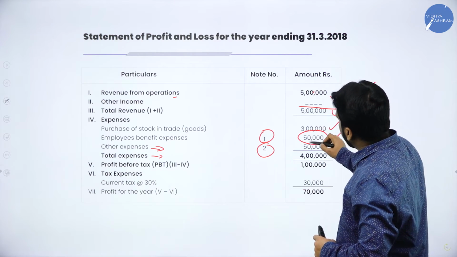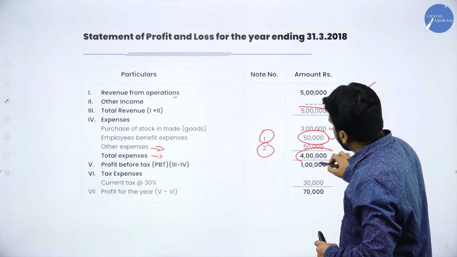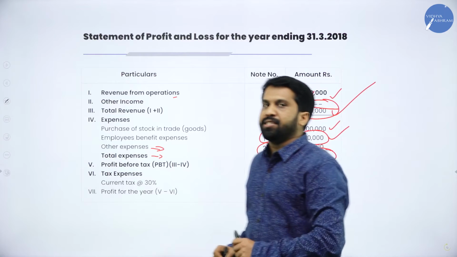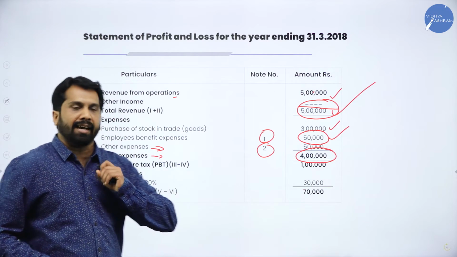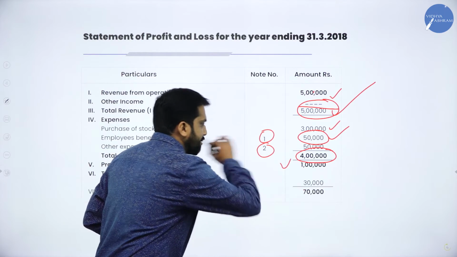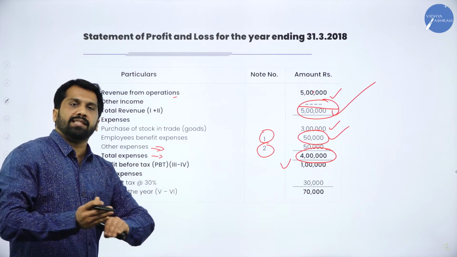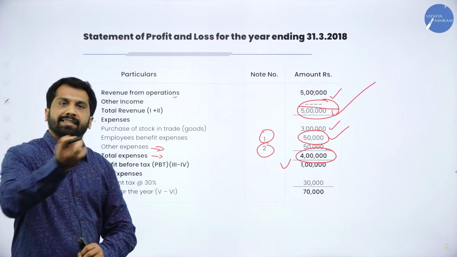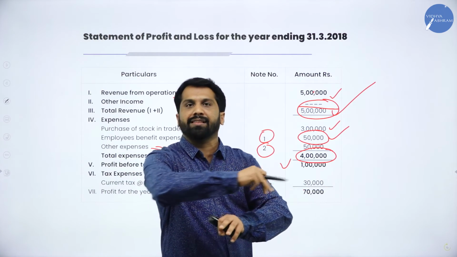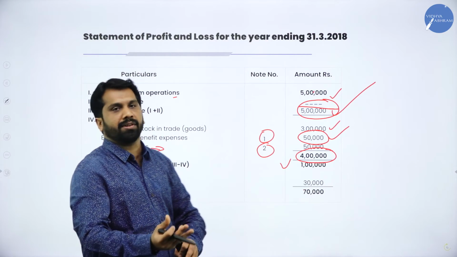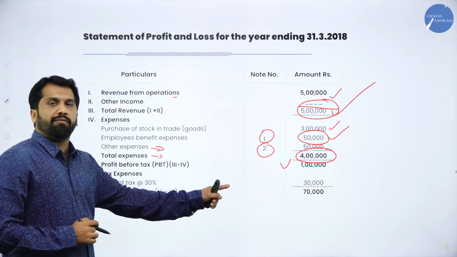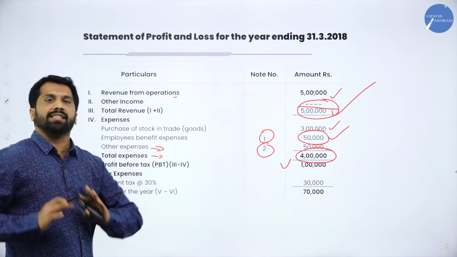Now, the total of all expenses comes to around 4 lakh. Your income is 5 lakh. 5 lakh minus 4 lakh, how much? 1 lakh. So, profit before taxation is 1 lakh. Once it is done, what will come? Tax. Once you have a profit, the government will run behind you. Why? Because to collect tax. So if you are in profit, the government will be right beside you.